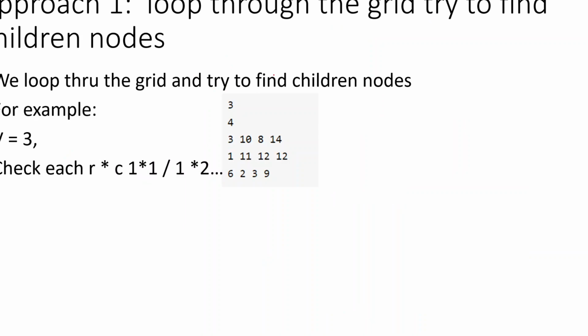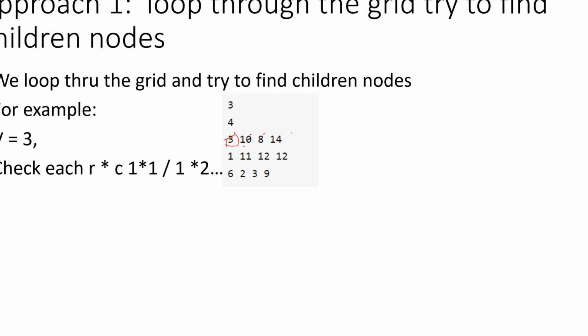The second approach is to loop through the grid and try to find the children nodes. What I mean by that is, if you have a number like 3, you go through all the coordinates and multiply the row number and column number. You check if the product equals the current cell's number or not.